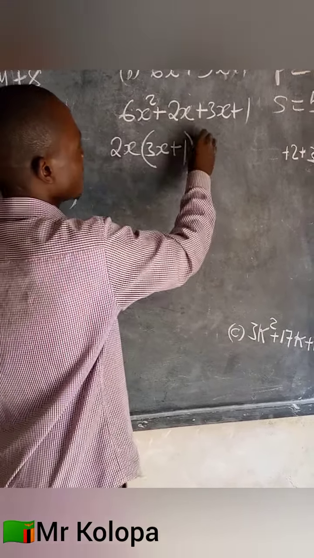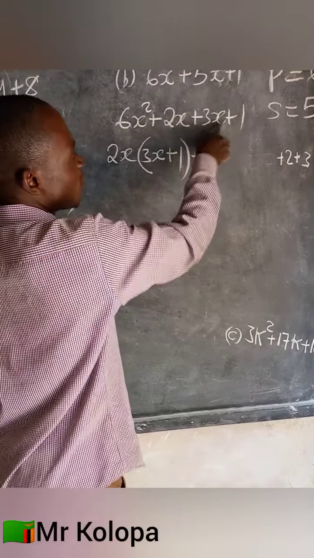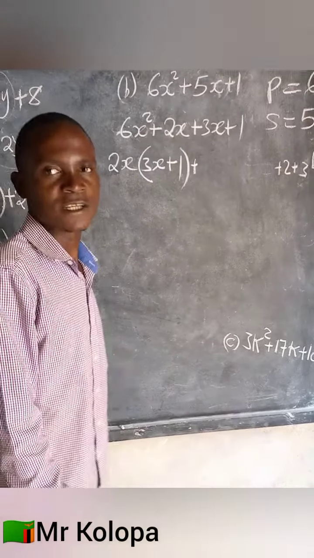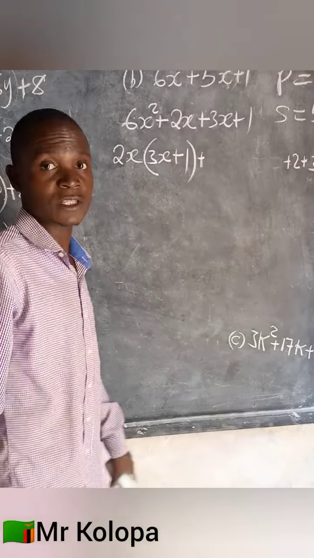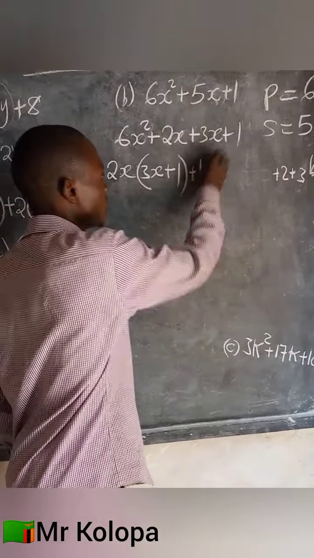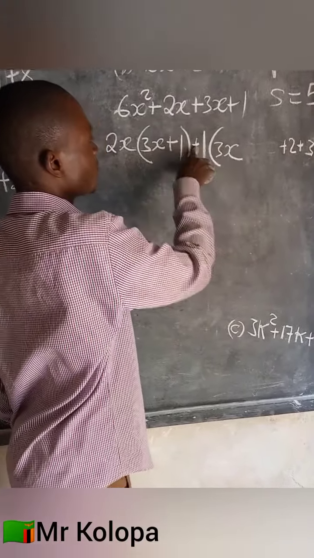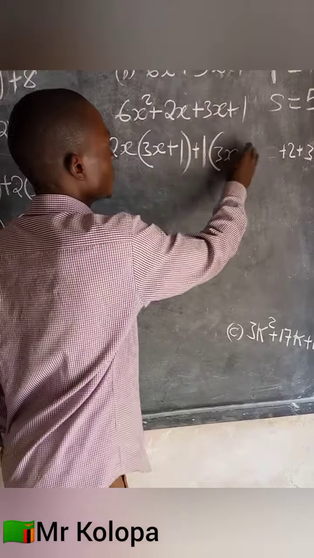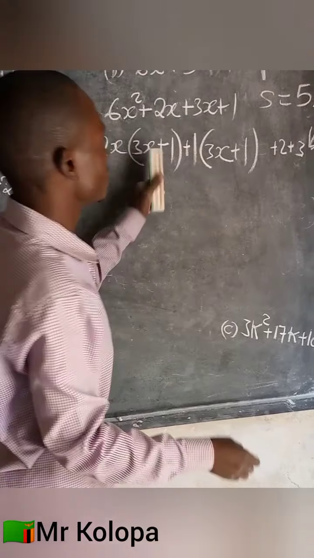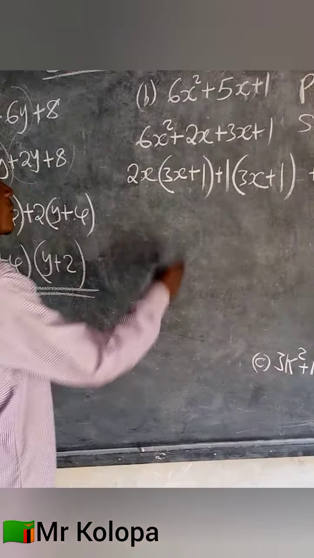So the sign there, positive. What is common? We don't have the common factor. So if you don't have the common factor, what did we say? You write a 1, then positive 3x, positive times positive, you get a positive, then a 1. You can see what we have in the brackets. You write one thing.